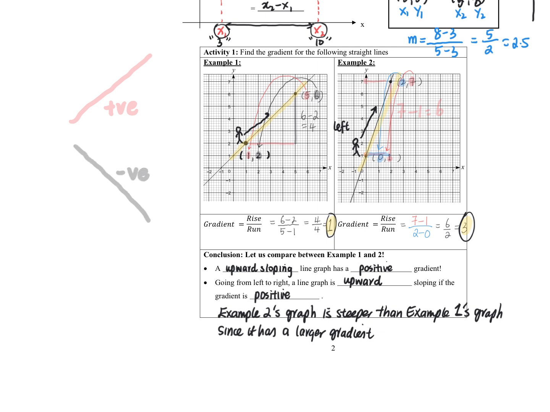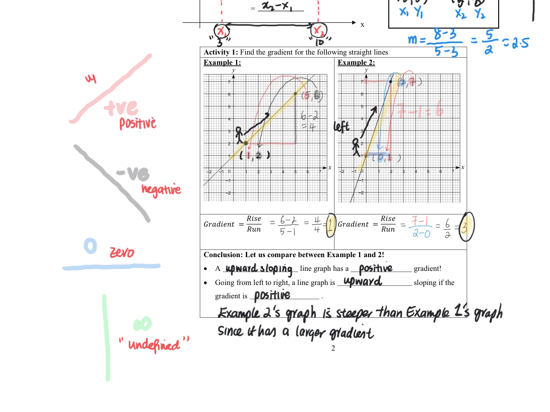Another type is when it's flat, 0 gradient. Or when you go vertically up, this is an undefined gradient. No chance you can go vertically up. So it's undefined, 0, negative, and positive. We will learn 4 types.